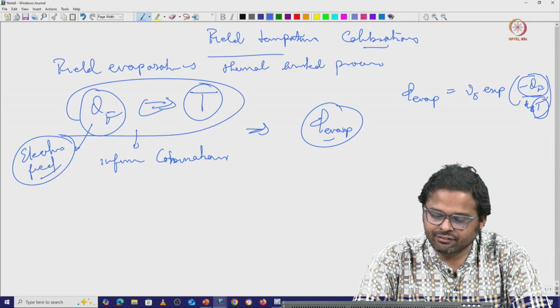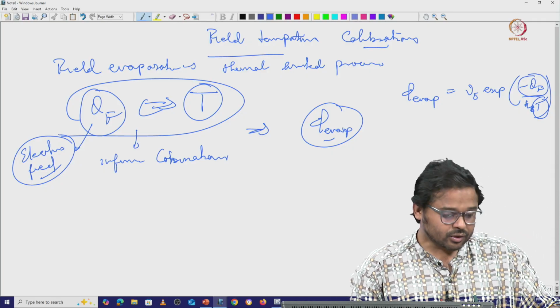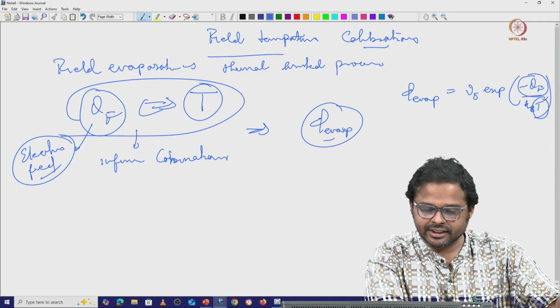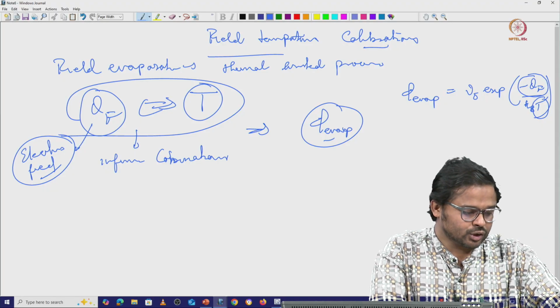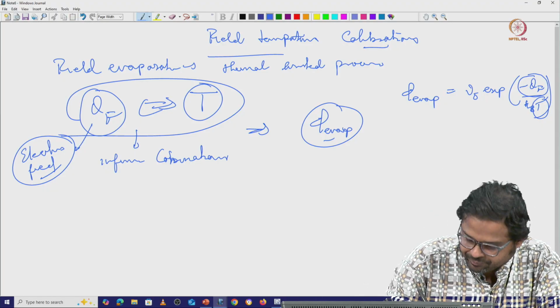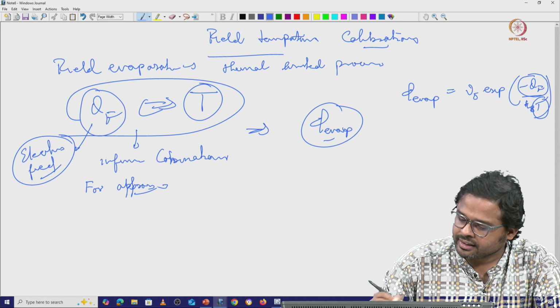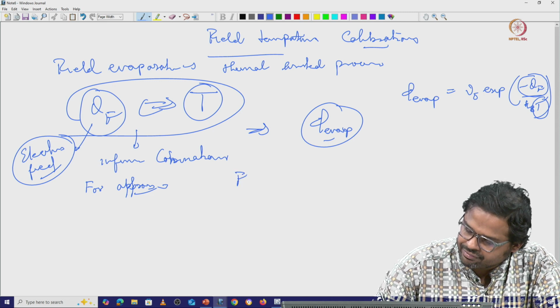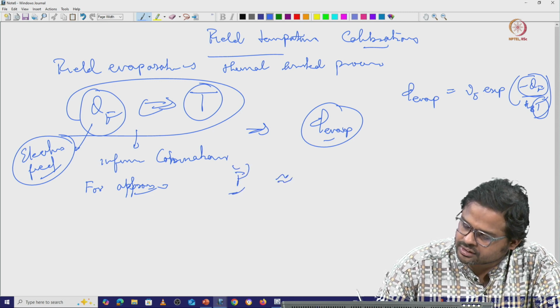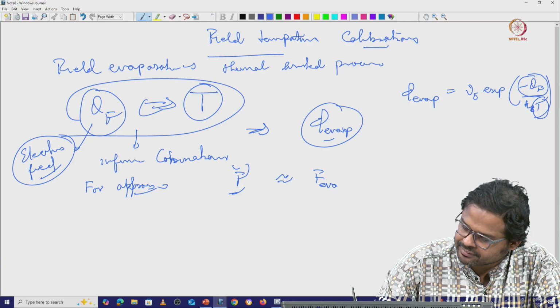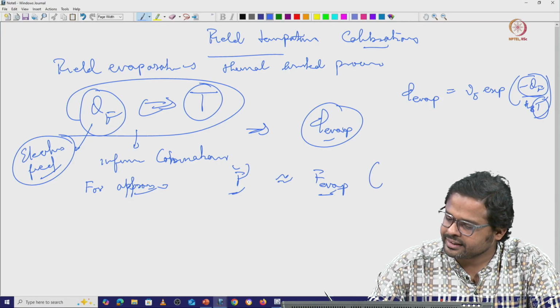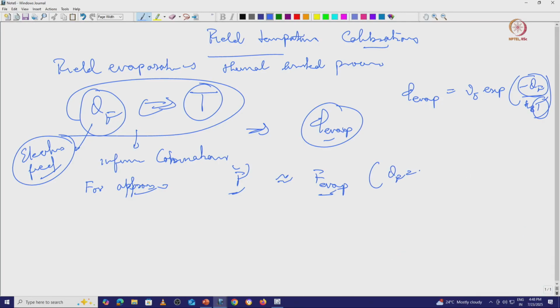Fine. So you will have infinite combinations to make it at the same evaporation rate. For approximation, assume that the electric field value F is very close to the field evaporation, where theta F is equal to 0.